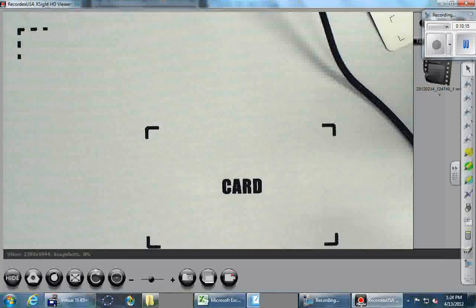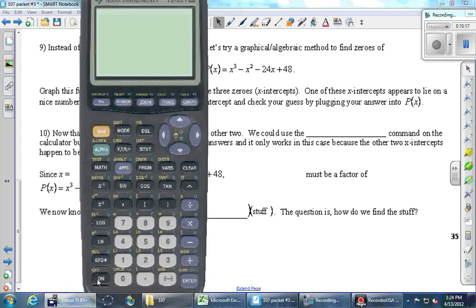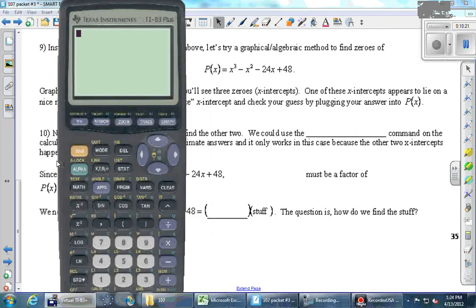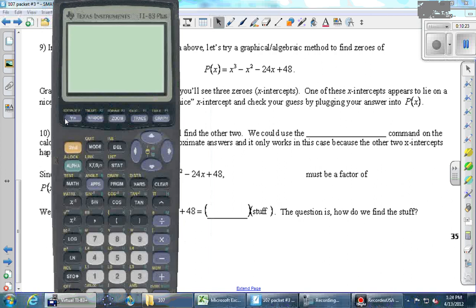Okay, so let's come back here. All right, so what we are doing is we are graphing this polynomial that Michael just read to us right here. So we're going into y equals, and we're going to type that thing in.